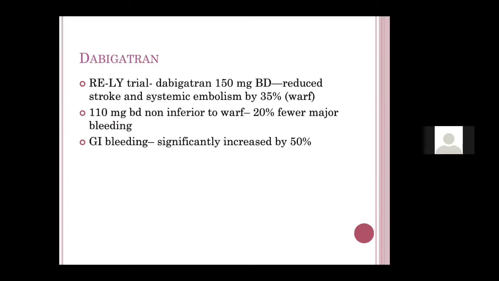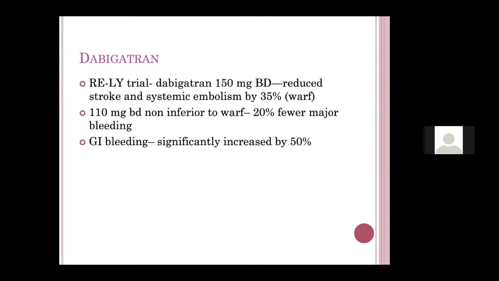The difference is that with 150, even though it is non-inferior to warfarin, the bleeding risk was significantly reduced. So we give dabigatran over warfarin because the bleeding risk is significantly reduced with 150 milligram BD. The 110 milligram dose, though non-inferior to warfarin, has almost similar bleeding risk.